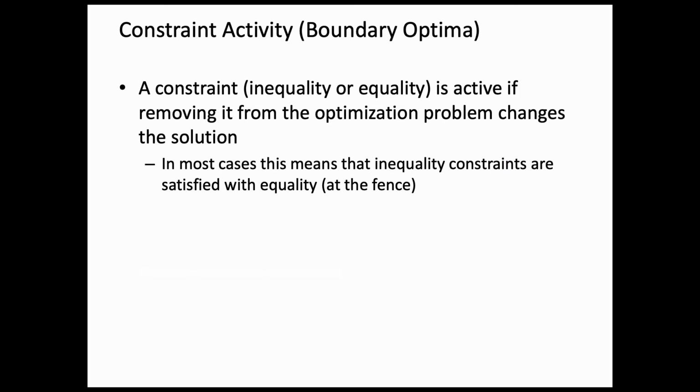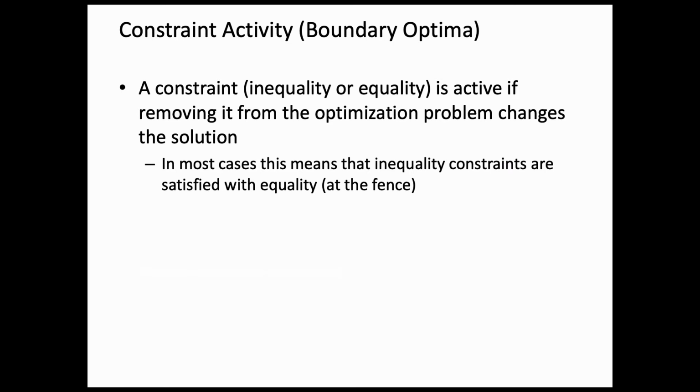In the example we just looked at, the inequality constraint on x2 was active. It constrained us to be no smaller than x2 equals 2. And if we were to remove that constraint, then the solution would change.